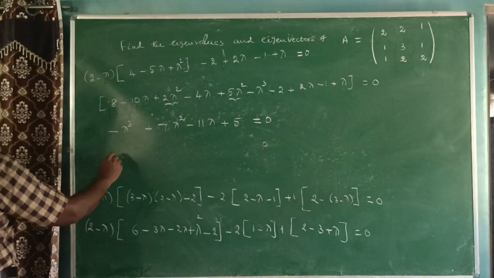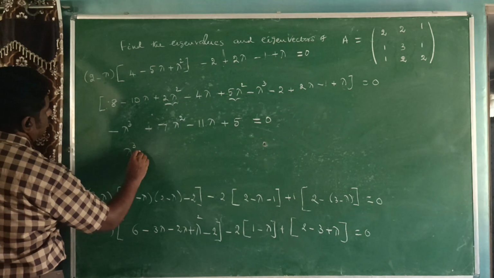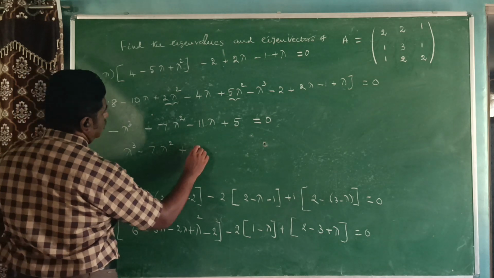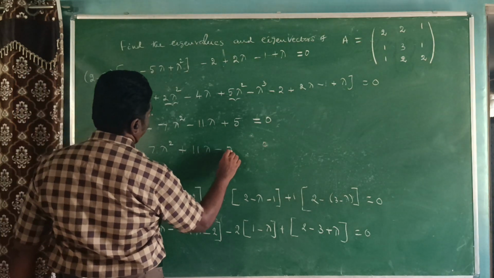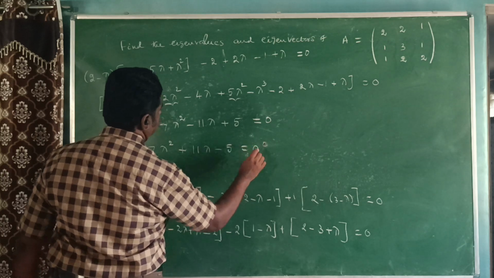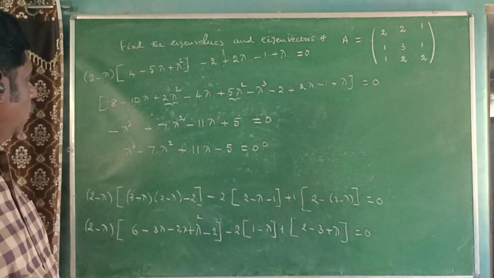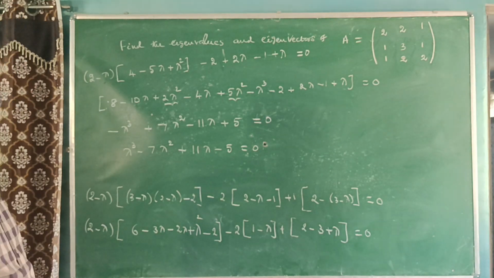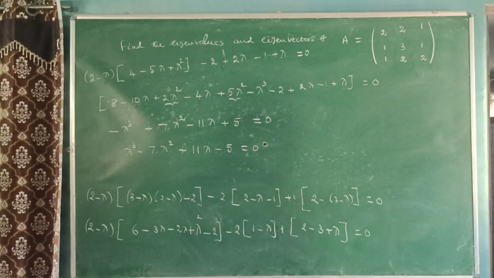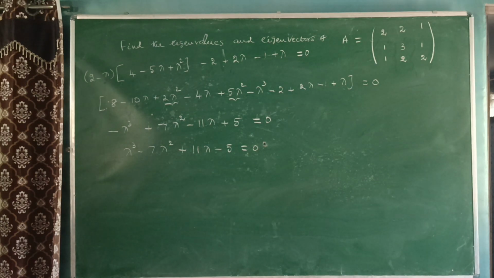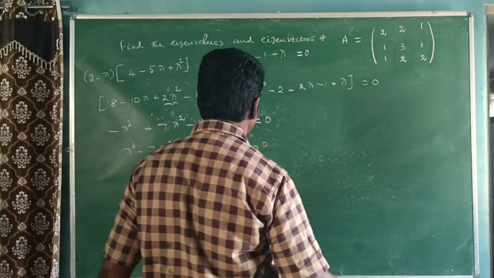Now the above equation changes to lambda cube minus 7 lambda square plus 11 lambda minus 5 equal to 0. Now we have to solve this equation to find the eigenvalues lambda 1, lambda 2 and lambda 3. We have to factorize the equation.